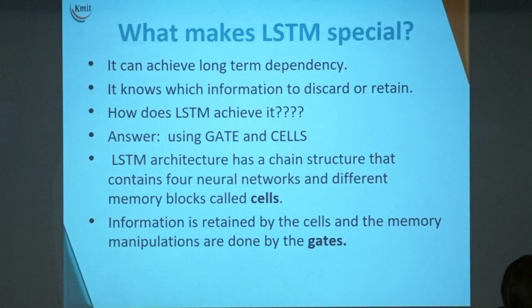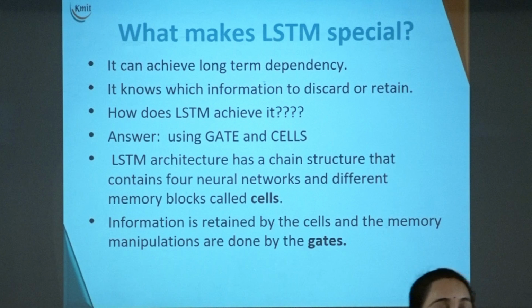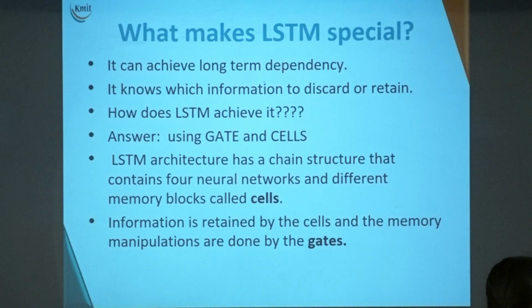Also, its architecture has gates that will help you regulate information. Regulation in the sense of which information is useless and can be discarded, which information is good and can be taken forward, and which information is to be updated to the previously existing information so that it helps in the prediction of your output, whatever it is. Clear enough? So all of these things will be controlled by the gate mechanism.